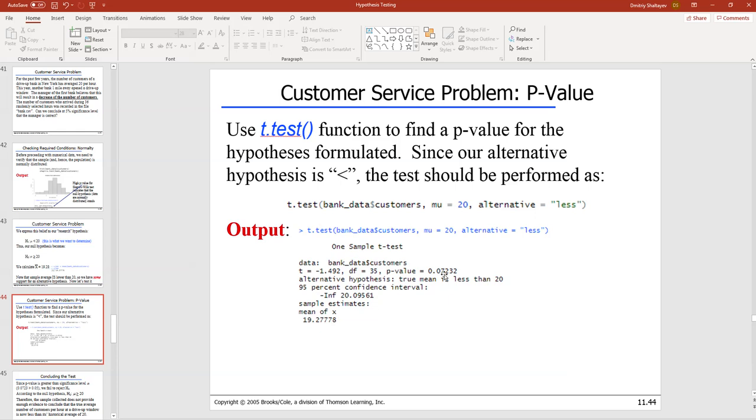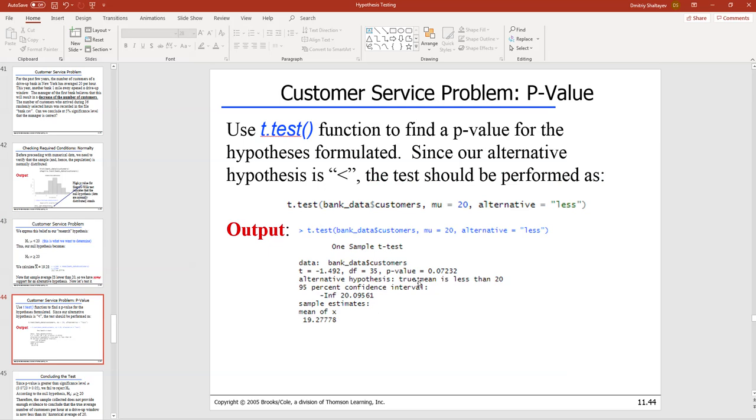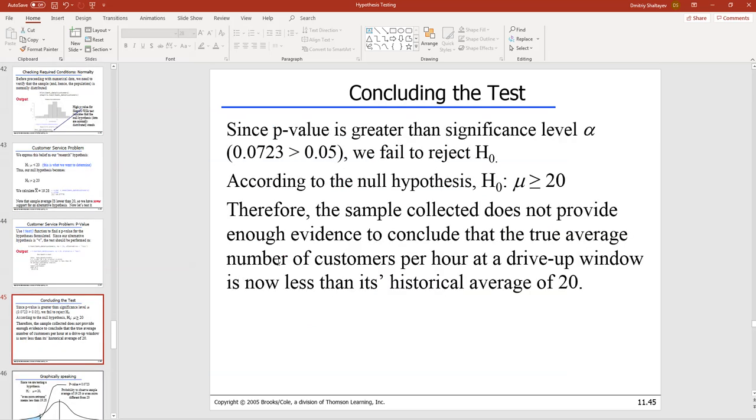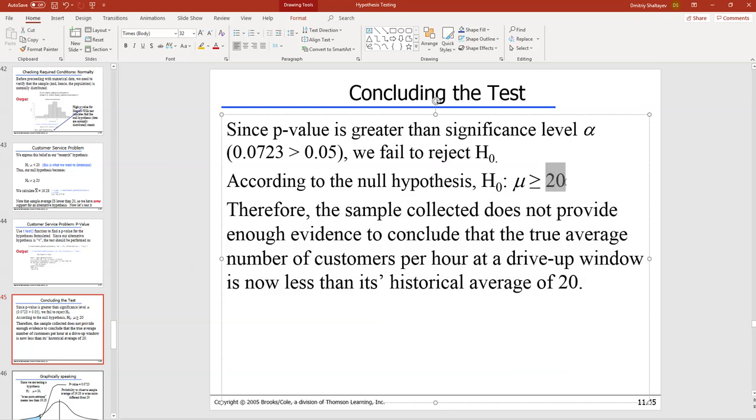So therefore I fail to reject the null, and I'm going to say the sample collected does not provide me enough evidence to conclude that the true average number of customers per hour at the drive-up window is now less than 20. The sample that I see is fairly consistent with the true population average of 20 or above.